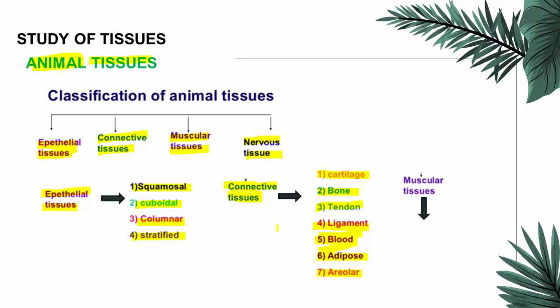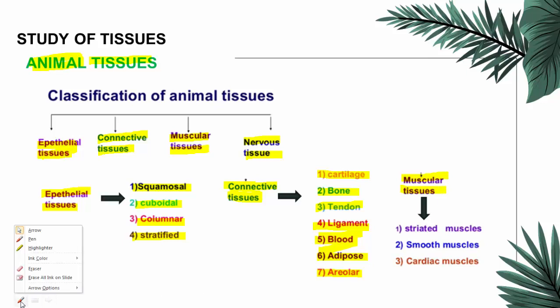Then one more type of tissue which is again very important is muscular tissue, and there are three types of muscular tissues present in the animal body. One is striated muscles, second one is smooth muscles, and third one is cardiac muscles.